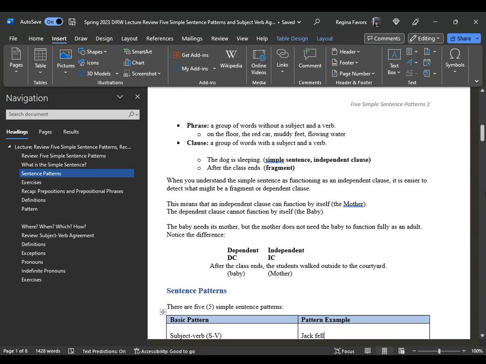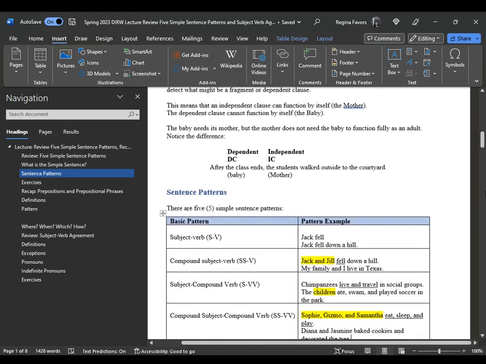But the baby needs an adult, whether it's a mother, father, or another caregiver, in order to function, because someone needs to feed the baby and change the baby. That's how the dependent clause works. Make sure to pay attention to this because we are about to get into independent and dependent clause lessons going forward.